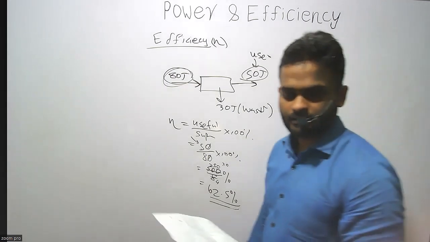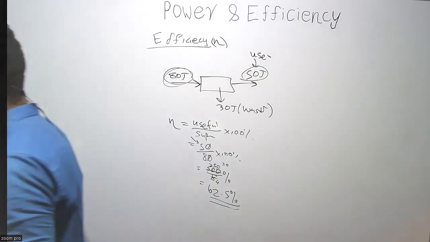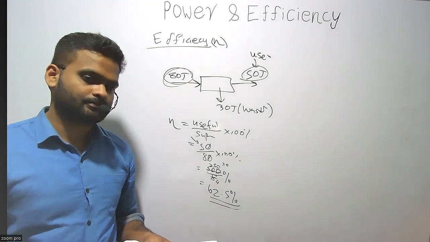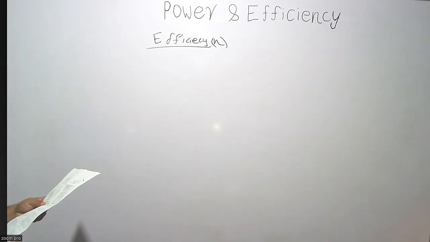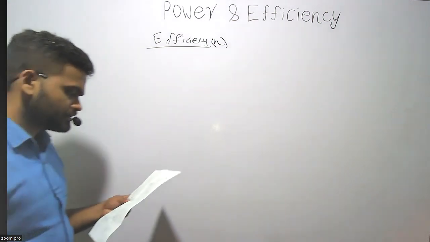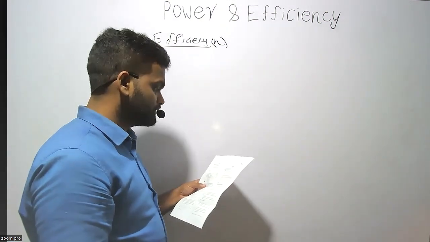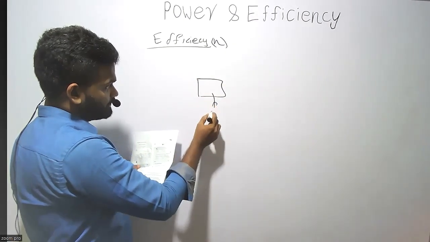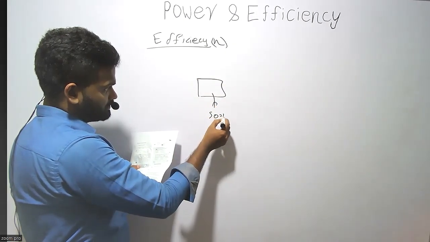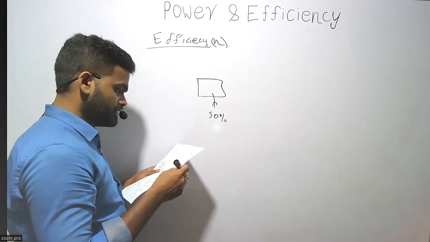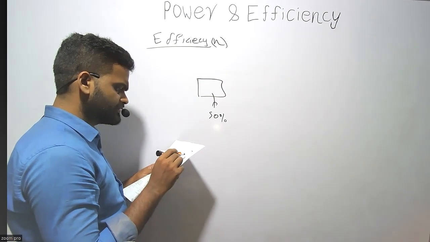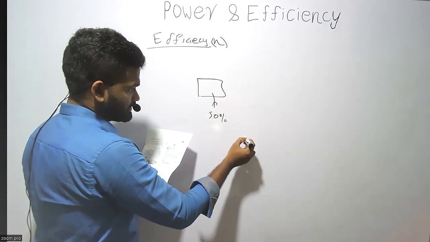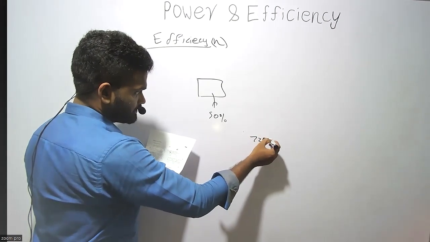Right. Then try the 8th question. Draw a sketch. The 8th question: a pump with efficiency 50% lifts a mass of water, 7,200 kilogram.